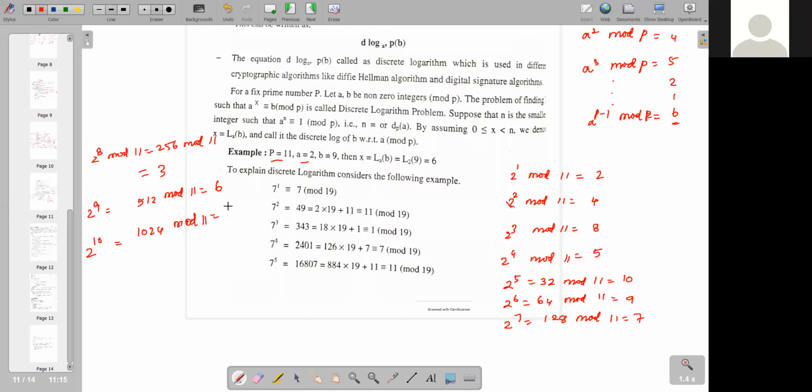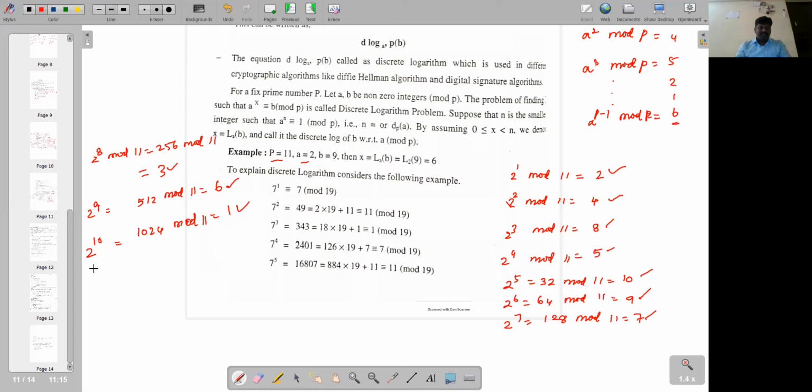1. So if you consider all these remainder values, start from 1, 2, where is 3? Here is 3. 3, 4, 5, again 6, 7, 8, 9, 10.